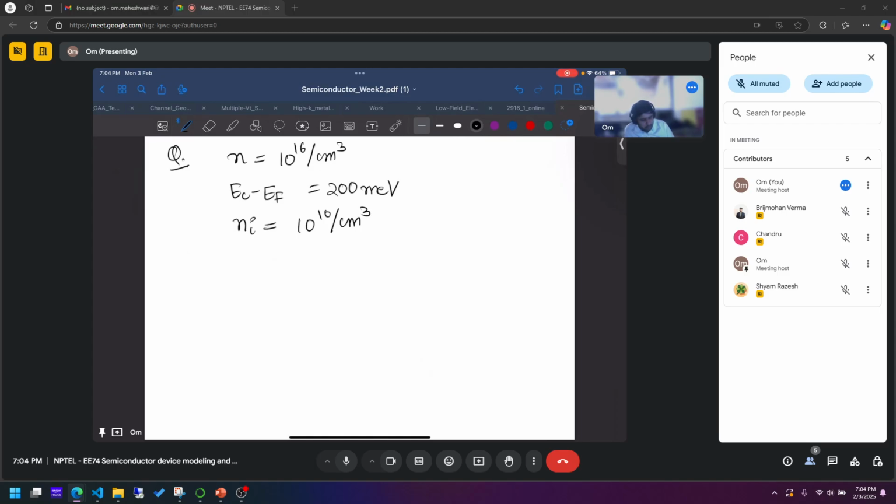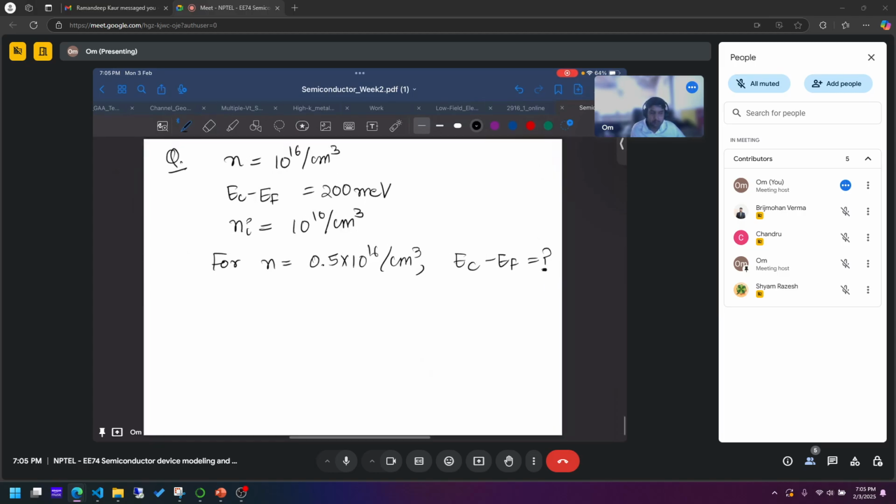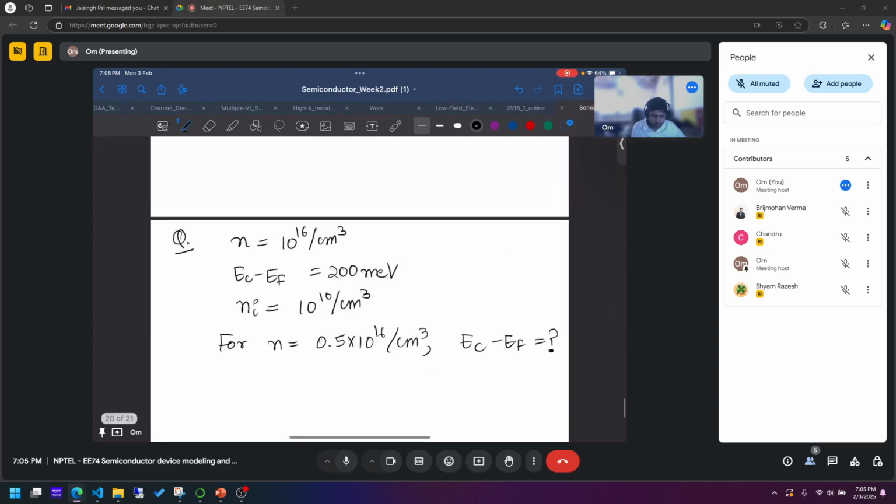The question is, for n equals 1.5 into 10 to the power 16 per centimeter cube, what is EC minus EF? Can you guys attempt this? It's a simple question.